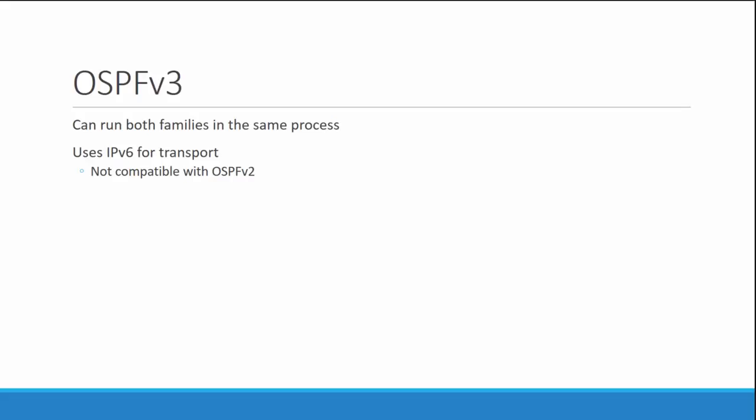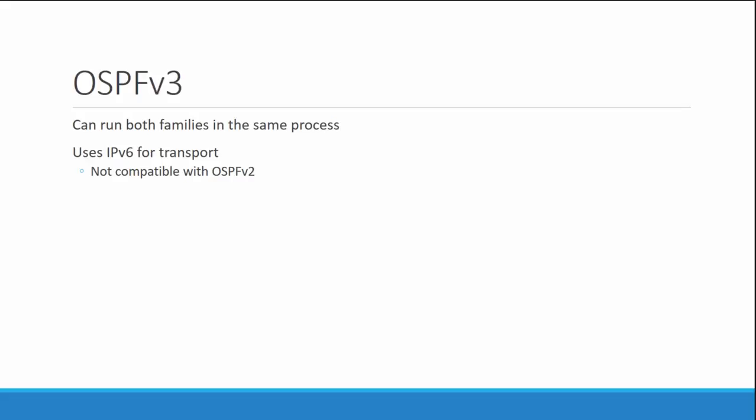The thing to know about OSPFv3 and the new way of configuring it is that it uses IPv6 only for transport, which means it's not compatible with OSPFv2. So when we think of ourselves, we think, okay, we run OSPFv3 in our new way of doing it with our address families, and maybe I'm running IPv4 on router 1, and I'm running IPv4 on router 2, but I'm not running OSPFv3.